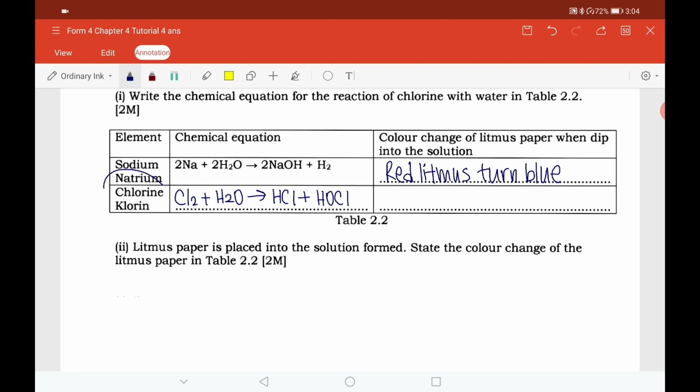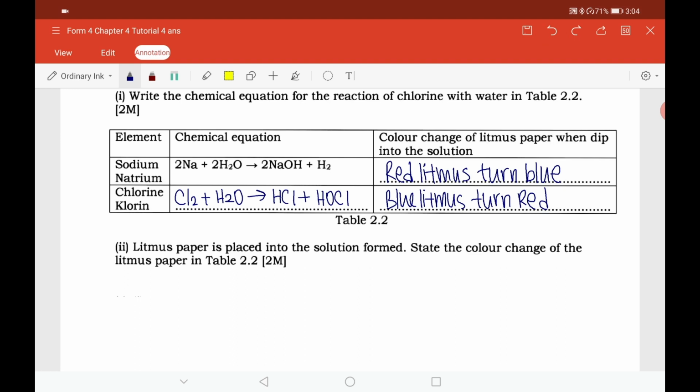What about chlorine? When chlorine is put in water, you produce 2 acids. When we have acid, the blue litmus paper will turn red. And don't forget, chlorine and bromine are bleaching agents.